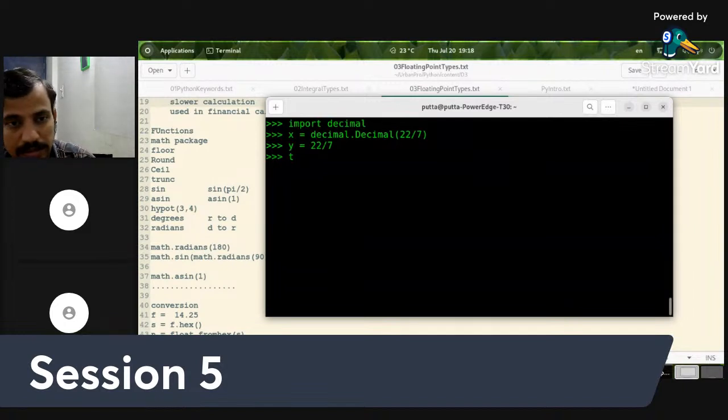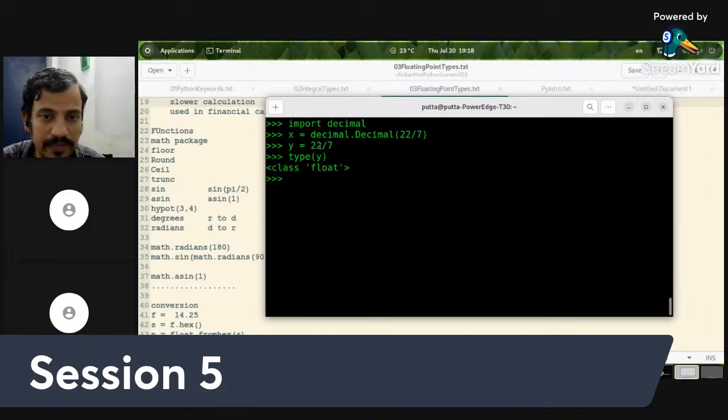Type y. What is the result of type y? Float. If you don't specify anything, and the resulting value is a decimal value, 22 by 7, then y will be taken as float.